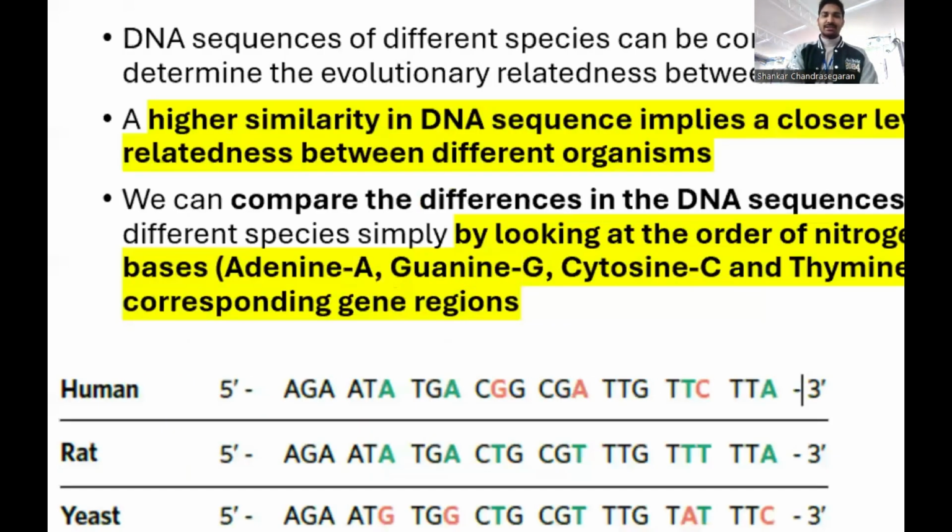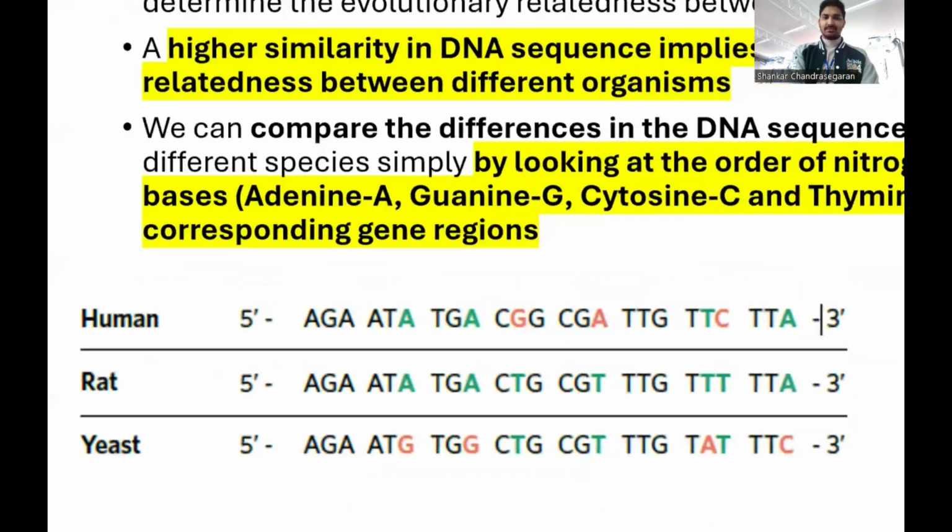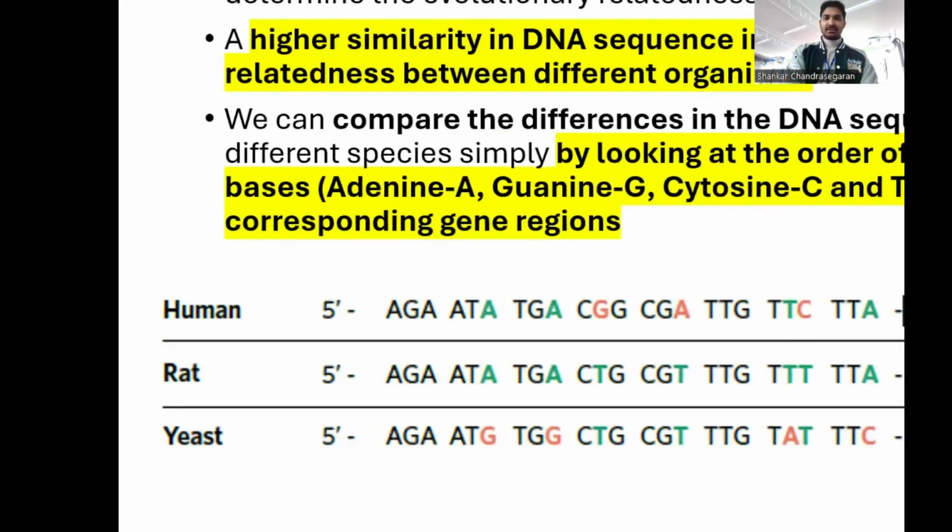So if we look at this one right here, right? Yes, can't really show the whole thing. So okay, this one's good enough. All right, everyone try to tell me, humans, which one are they most closely related to? Rats or yeast? I'll give you 2 to 3 minutes to think about this.